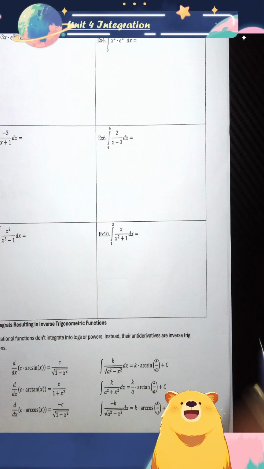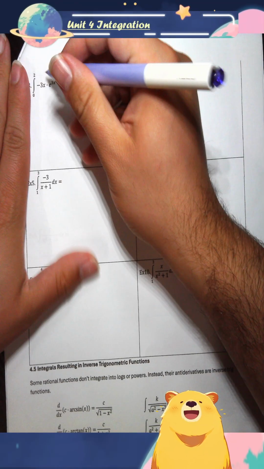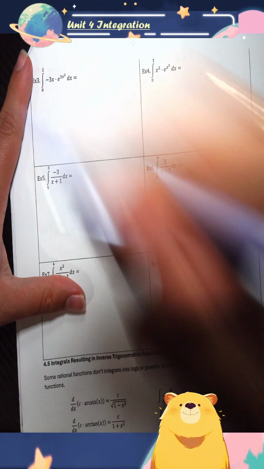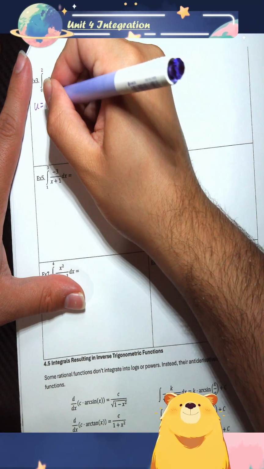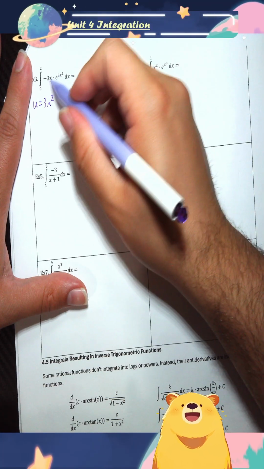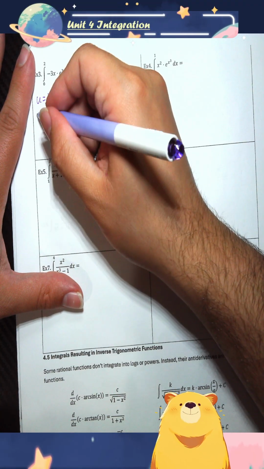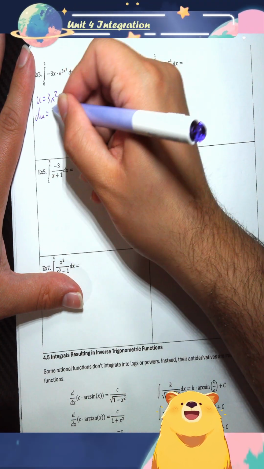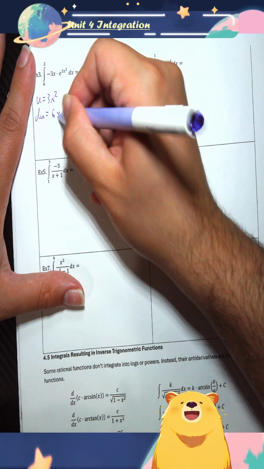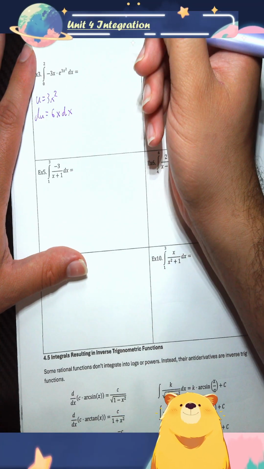Okay, we got this one. This one has a similar e to the x idea. So u will be 3x squared. And we see that this integral in some ways appears as a product. I mean, this derivative, excuse me, appears as a product. So du is equal to 6x and then dx.